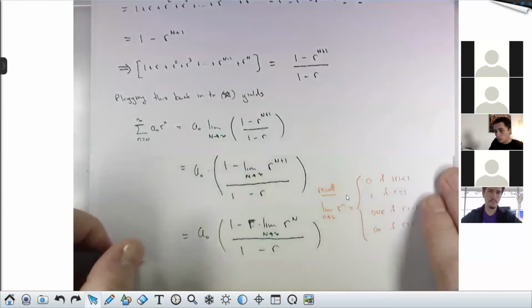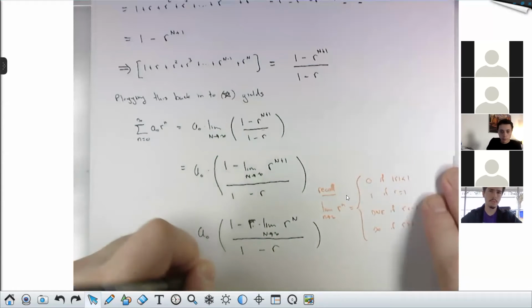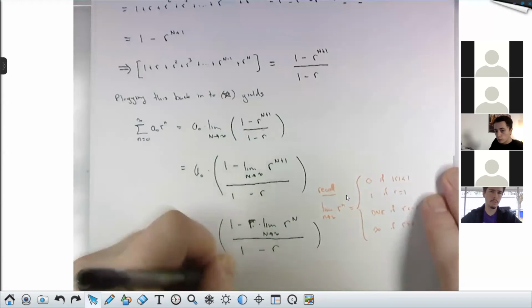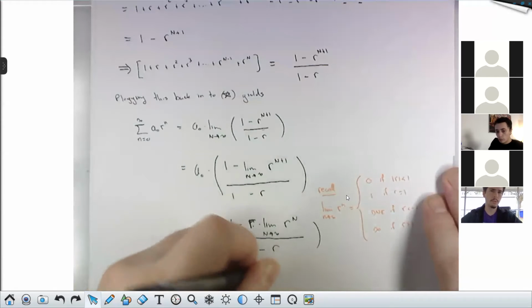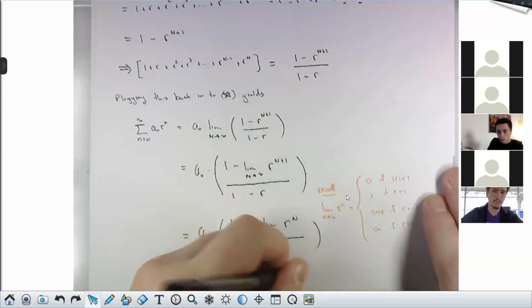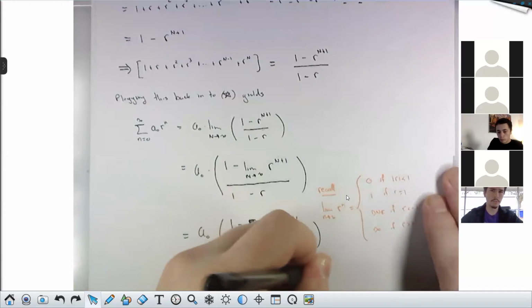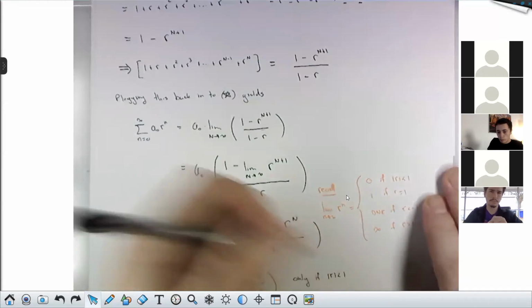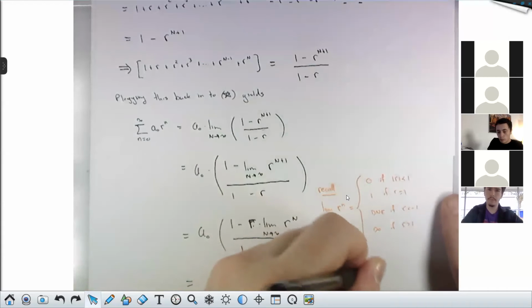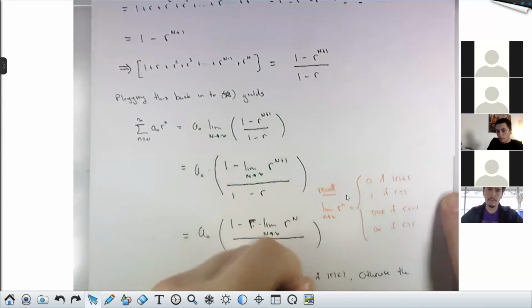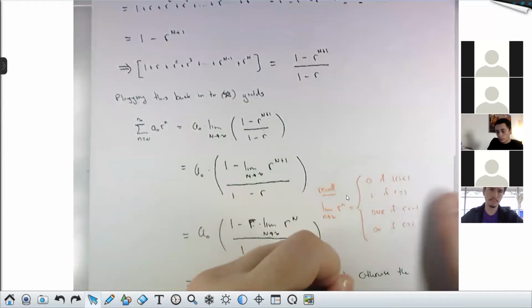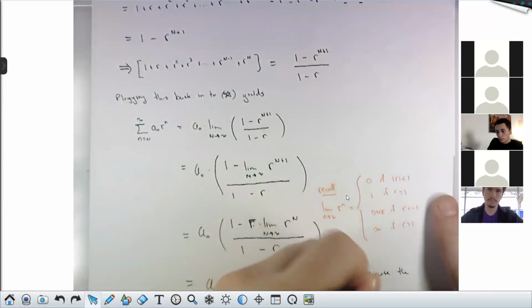So at this stage, we get a0 times (1 minus 0) over 1 minus r, but only if the absolute value of r is less than 1. Otherwise, the expression has a bad limit.